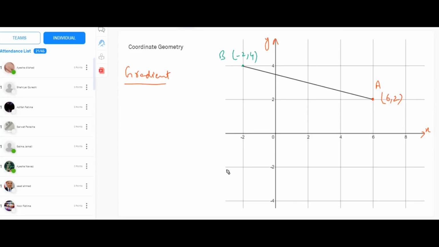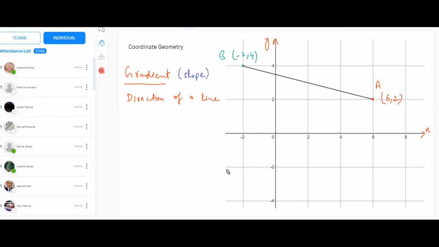Direction of a line के लिए एक numerical value होती है, which we'll see how that is calculated. इसका एक और word भी हम use करते हैं, that's called slope. So there's another word that we use for this, that is called slope, and that's pretty self-explanatory.